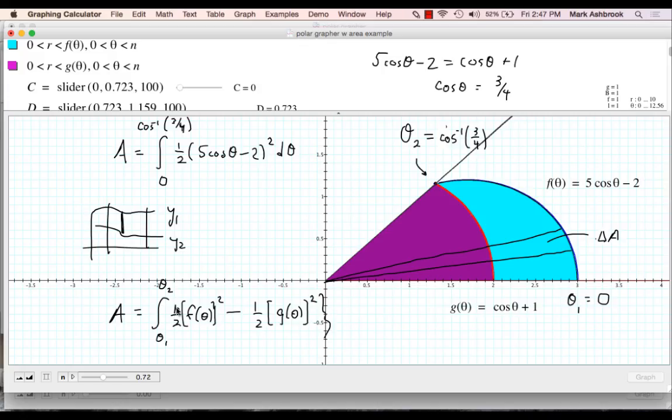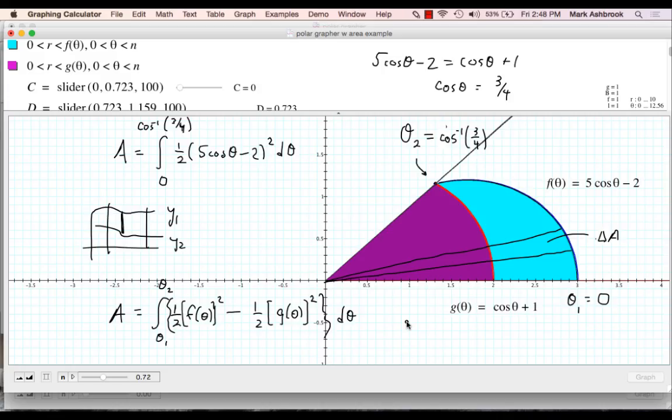That's not right, because that's a different function. F minus g is some new function. So we need the area out to function f minus the area out to function g. F minus g is some other function that's going to have its own different area to the pole.